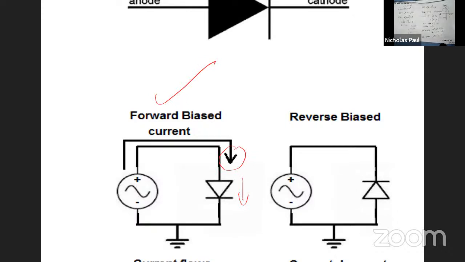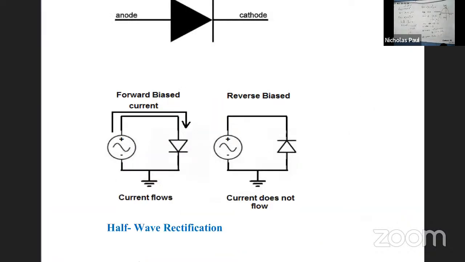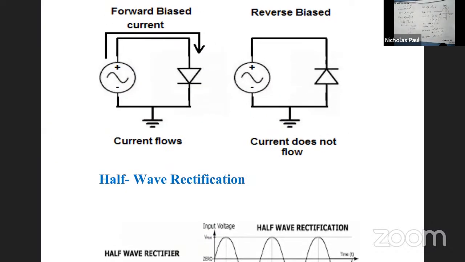If the current direction is going against the arrowhead, that is reverse bias. When it is reverse bias, no current will flow. When it is forward bias, current will flow. Are you okay with that?